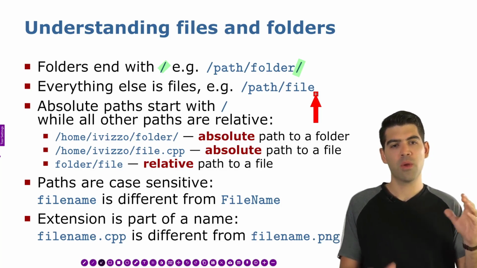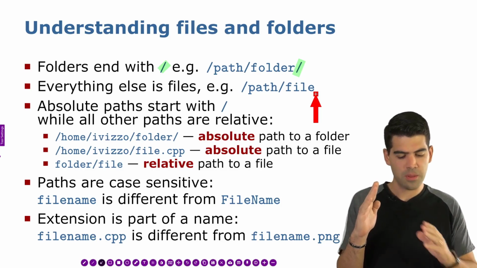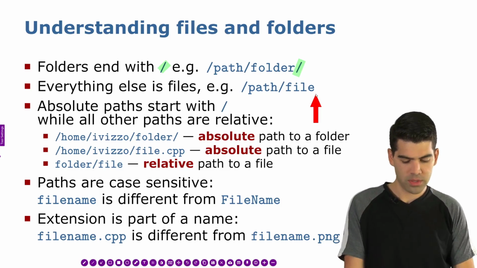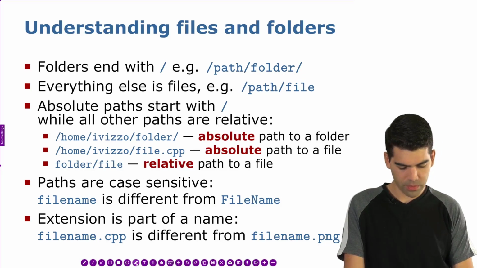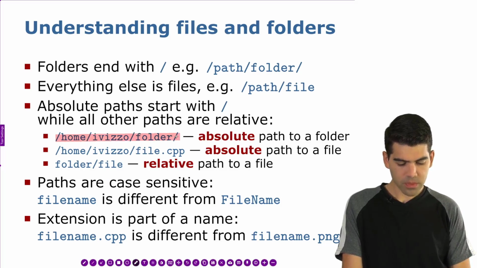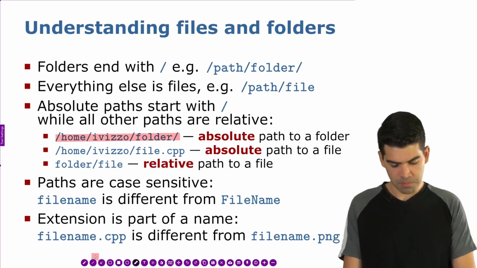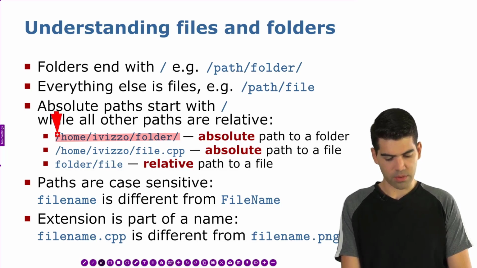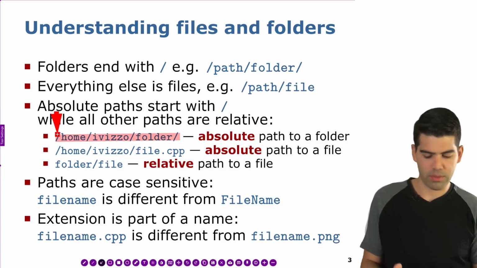That is when you provide the full path from the root directory of your system to the end of the file you're looking for. So if you want to access this folder, we say this is an absolute path because it starts from the root directory. If you check, it's starting from here, from the root directory, meaning that we're going to provide the full path to the file.